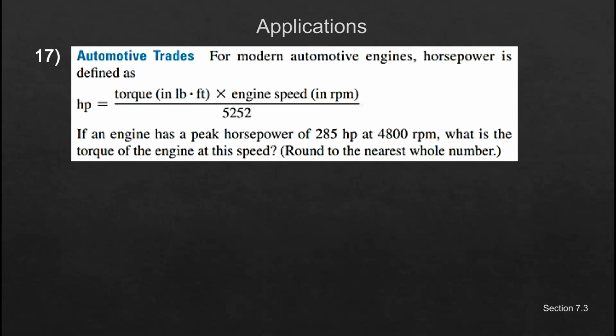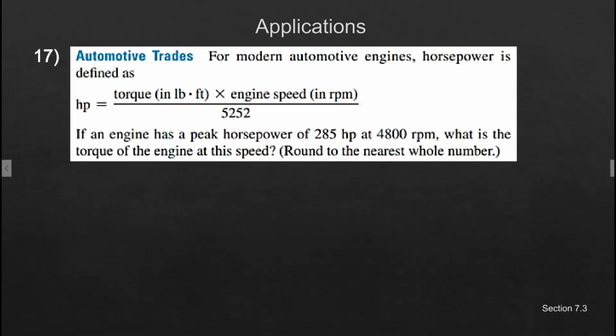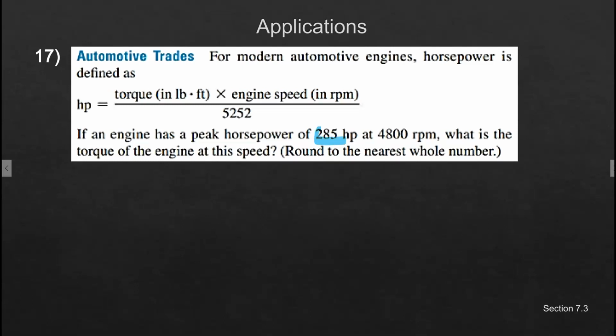If an engine has a peak horsepower of 285 horsepower at 4,800 RPMs, okay, so it's telling us that's our horsepower, so that goes in for the HP. This is our RPM, so that's our engine speed. What is the torque of the engine at this speed?